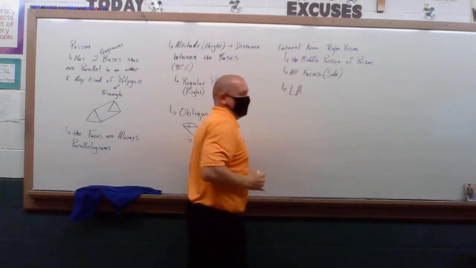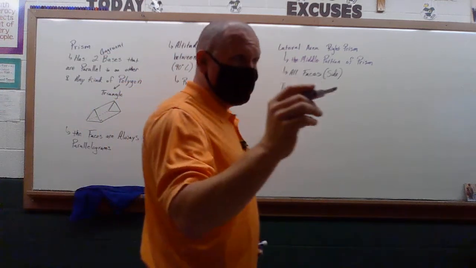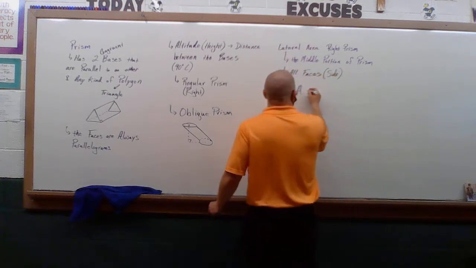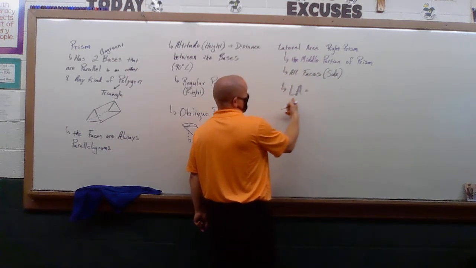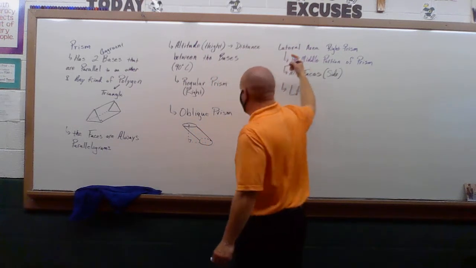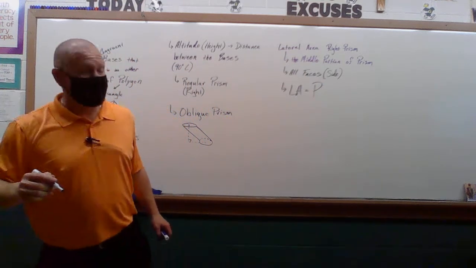So, LA. Again, make sure when you write these down that you put the correct capital or lowercase letter. This is really, really important. Okay? So LA is going to equal. Everybody understand what LA means? The lateral area. Okay? Capital P, what do you think that means?